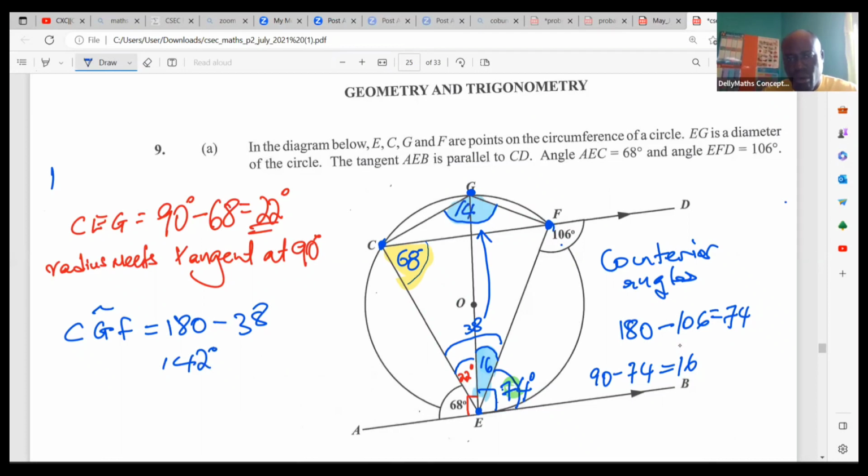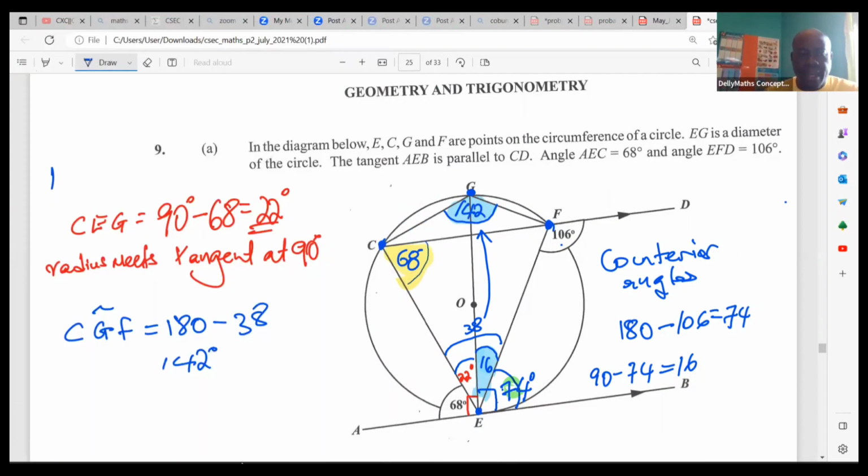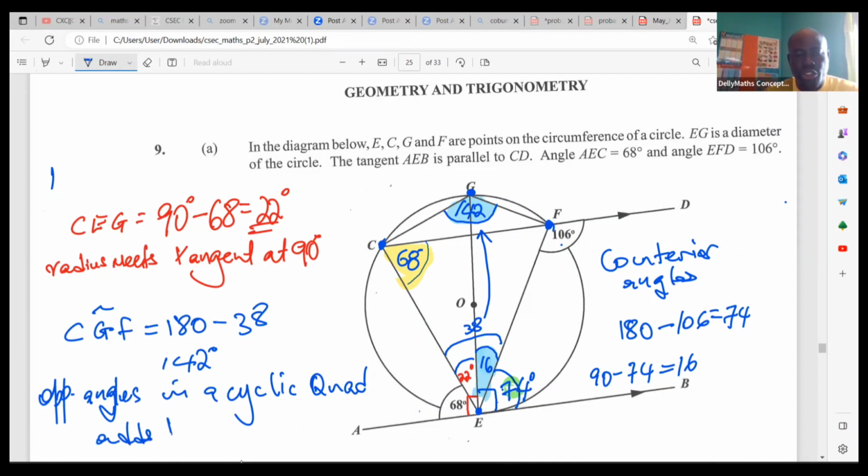There were a number of things that we used, so I'm just going to finalize and say opposite angles in a cyclic quadrilateral add to 180 degrees. All right, so there it is, a nice circle theorem question.